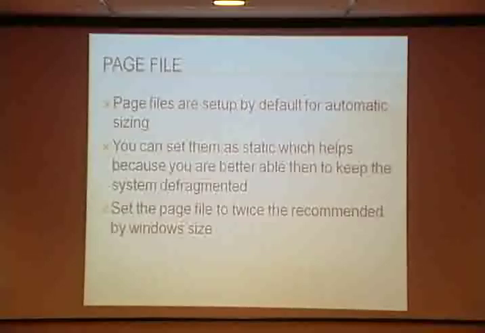I'm not sure exactly why this is the case, but if you do back-to-back tests on the same machine, you'll find that a static page file does make quite a good improvement. But if you set a static one, what size? Well, Windows has a recommended maximum size. I generally set it to twice that size, and that seems to be the best performance option.